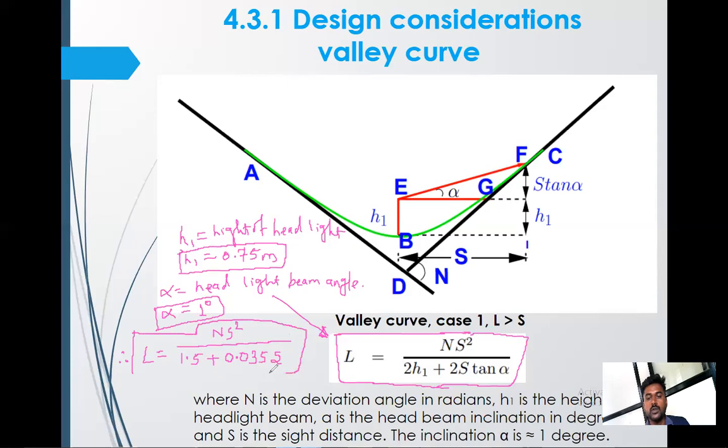My final formula will become NS square divided by 1.5 plus 0.035 S.